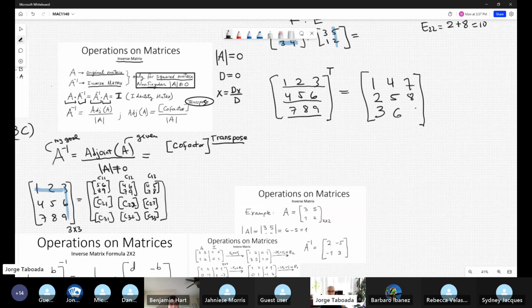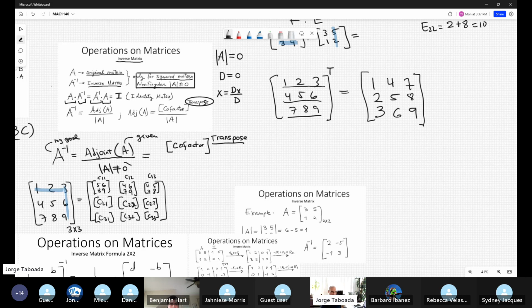It's very complicated, because you need to find first the cofactor matrix, a long process. After you transpose, I get the matrix, and after you divide one by one by the determinant of the matrix.